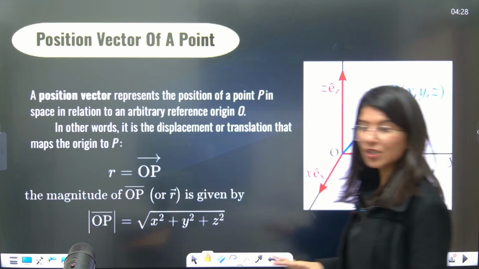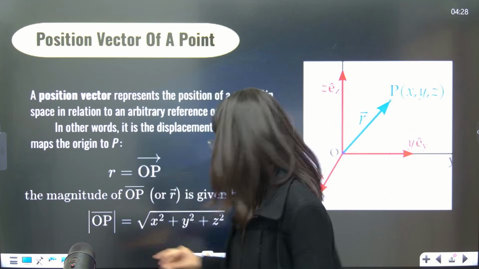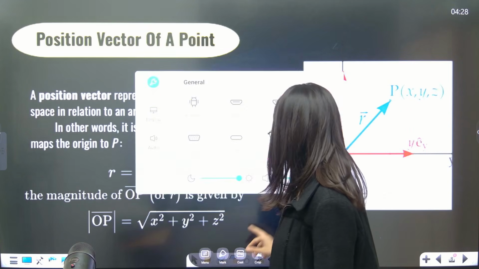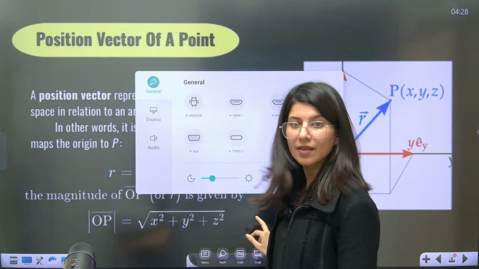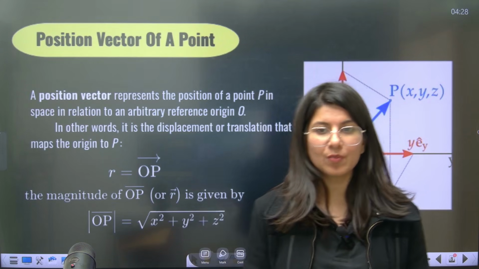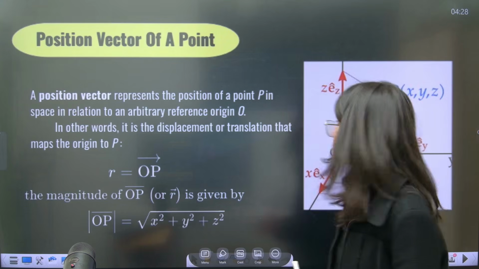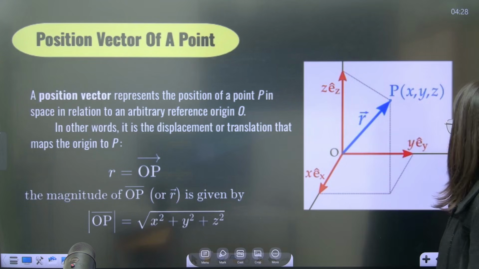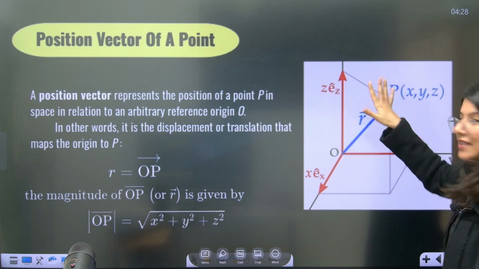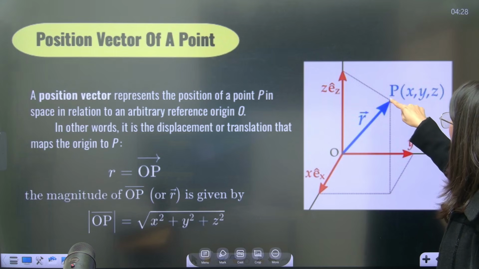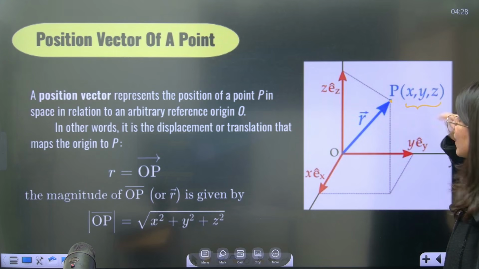Next, not next question, but next concept, which is position vector of a point. Let me just reduce some brightness. Now, position vector of a point. First of all, what is happening? This is your x, y and z axis, okay? So you have a point P, which is having coordinates x, y, z.